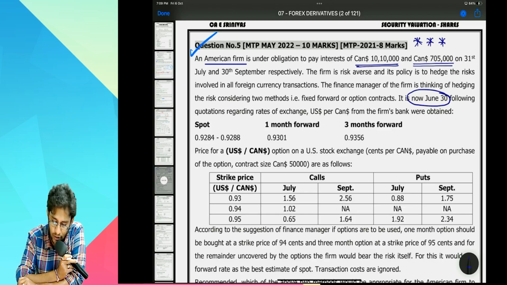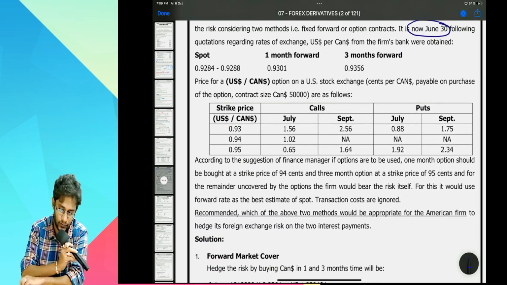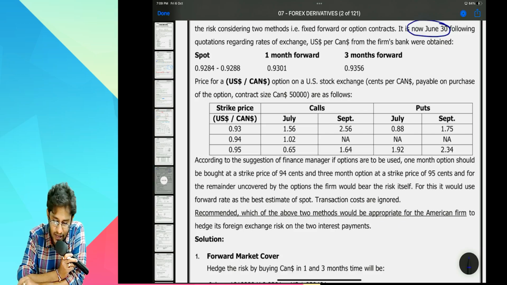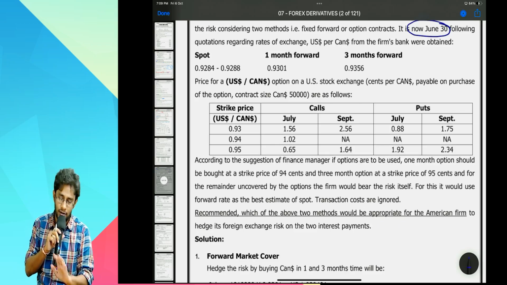Contract size is CAN dollar 50,000 as follows. A table is given. 3 strike prices are given: call options relating to July, call options relating to September, puts relating to July, puts relating to September. Now, if you go on reading this, the table will be very scary, sir. Look at this first.